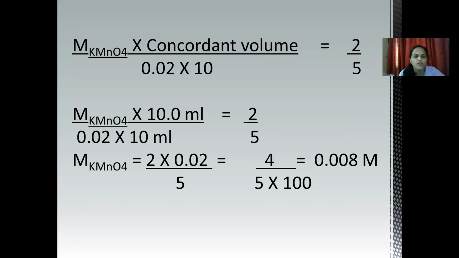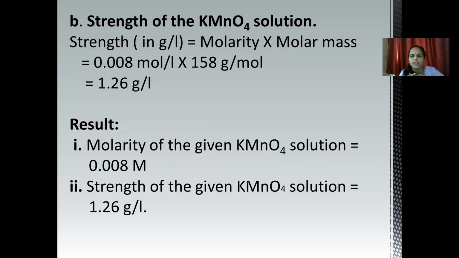So we'll put the values, M of KMnO4 into concordant volume, we got it as 10 milliliter, divided by 0.02 molar into 10 milliliter equals 2 upon 5. Therefore, molarity of KMnO4 on calculation comes out to be 0.008 molar. So that is the molarity of KMnO4 solution that is provided.